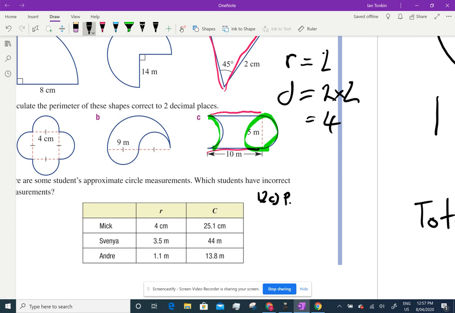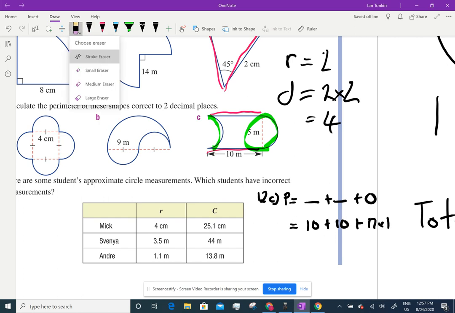The perimeter equals the two straight bits plus the circle. Well, the two straight bits are 10 plus 10, and the circle is pi times d. And what's the diameter? It's 5.